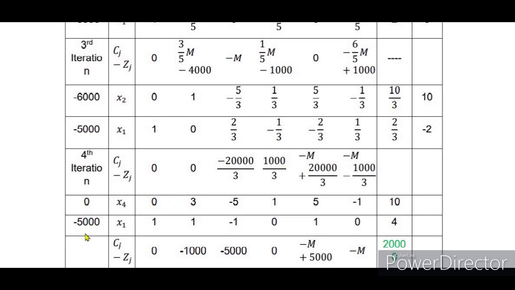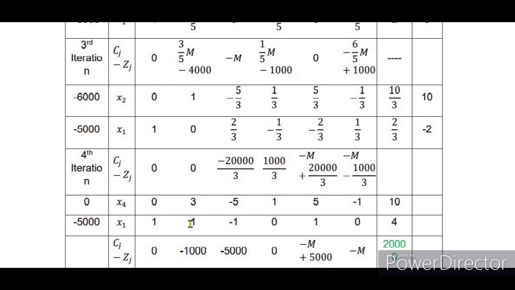Negative 5,000 times 1 is equal to negative 5,000. We will use it to subtract again. So 0 plus negative 5,000 is negative 5,000. We use it to subtract the numerical coefficient of this column, which is x sub 1. The numerical coefficient here is negative 5,000. So negative 5,000 minus negative 5,000 is equal to 0.